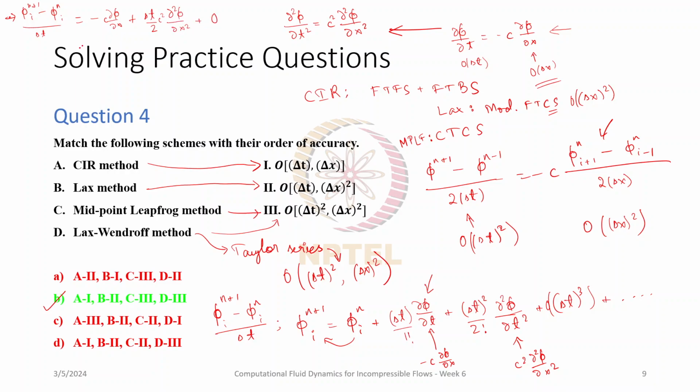We have divided both sides by delta t, so the delta t cube term now becomes delta t squared, and higher order terms. So the error term over here, the truncation error, is actually order delta t squared. That's why this is the answer.